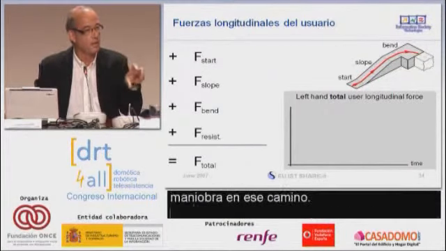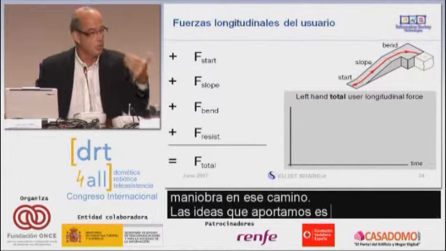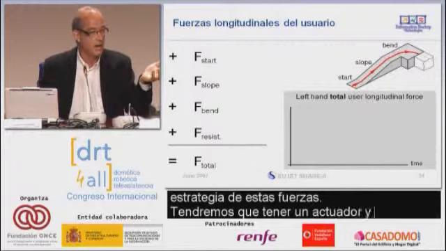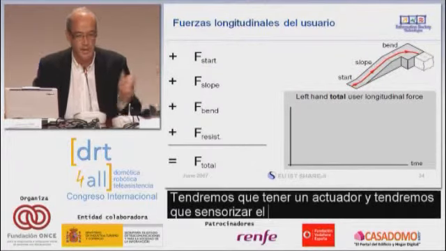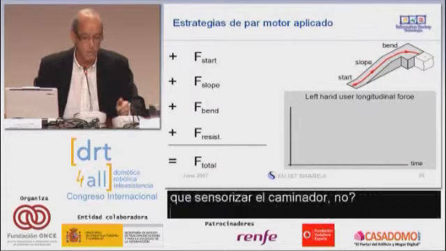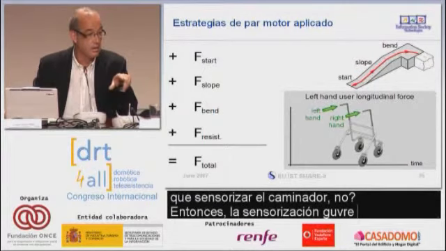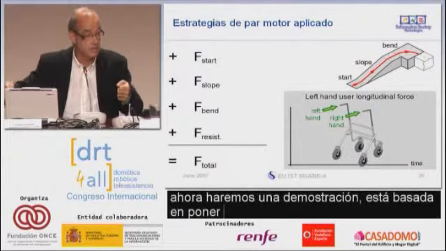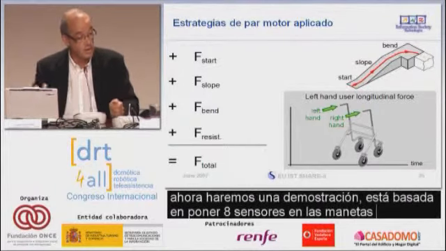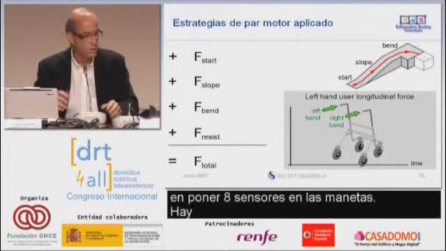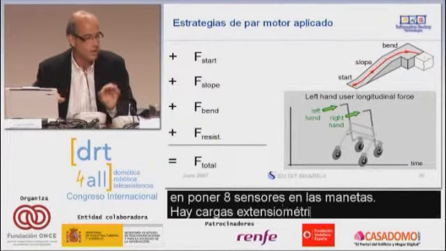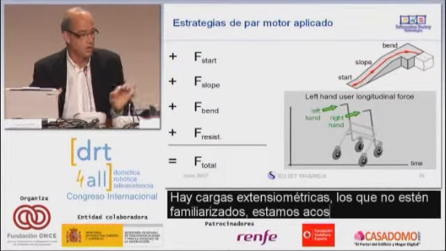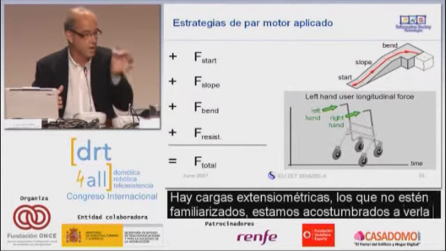The idea we have is to use some strategies for these forces, and you need some sort of device to do this. And you need sensors as well for the walker. The sensors we've used are based on putting 8 sensors in the handles. We are used to seeing this in the marketplace when they put things on a balance, on a scale.